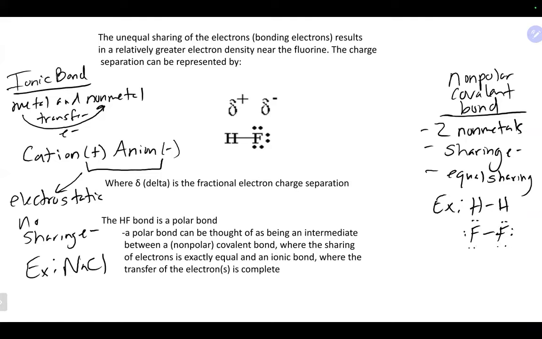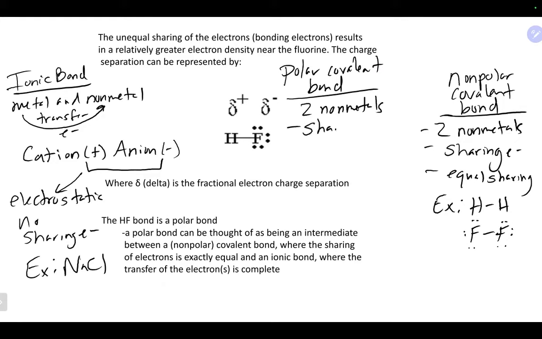And then in the middle of the two is the polar covalent bond. Also between two nonmetals. Also sharing of electrons. But it is unequal sharing of electrons.